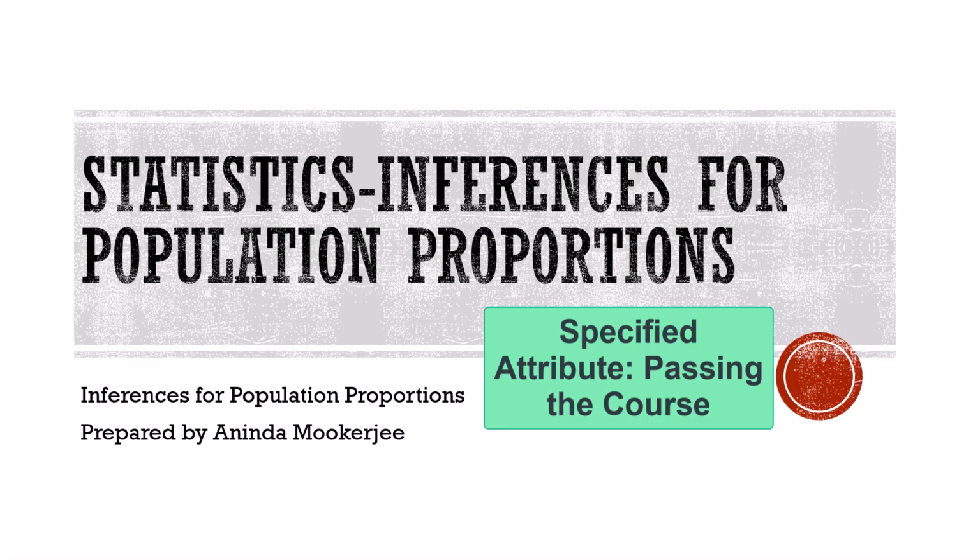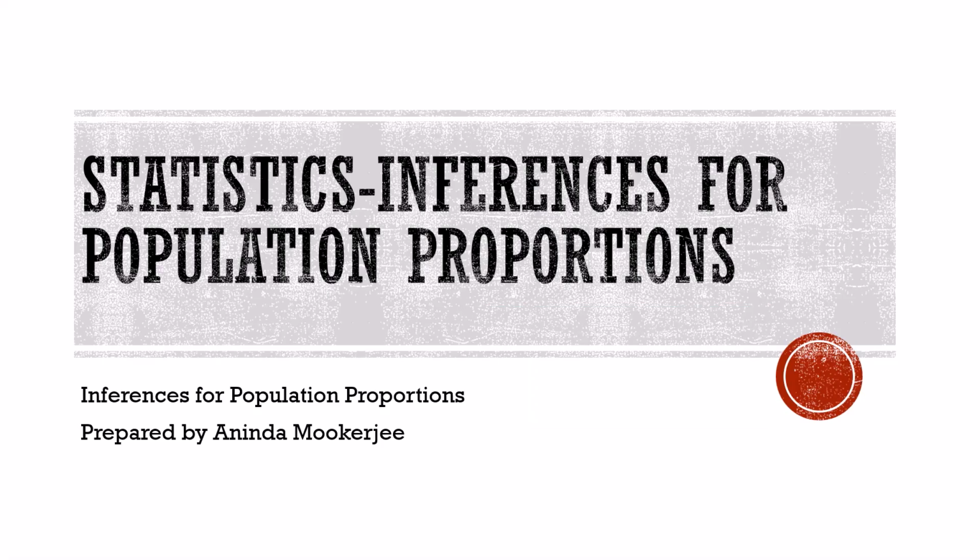I first would specify the attribute, which in this example would be passing the course. And then, of course, I would create my sample and then check in my sample what proportion of students pass the course. In other words, what proportion of students met the specified attribute I am looking for.